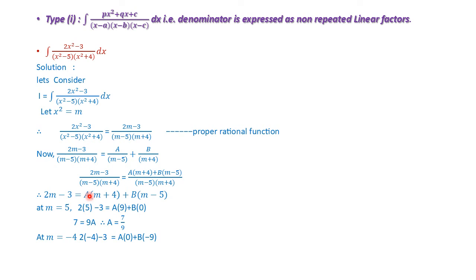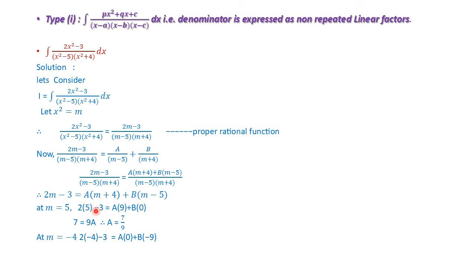So first we will find A. To find A, we have to make the coefficient of B zero. How can we make it zero? There is one possibility. If we put the value of m as 5, then m minus 5 becomes 0. So let m be equal to 5. Therefore the above equation becomes 2 into 5 minus 3 is equal to A into (5 plus 4) plus B into (5 minus 5).